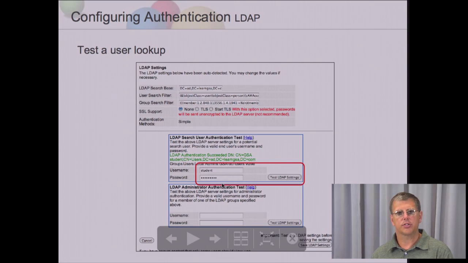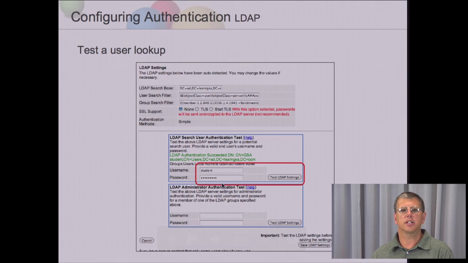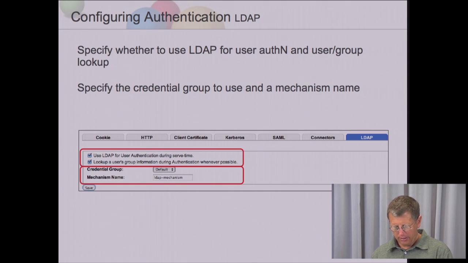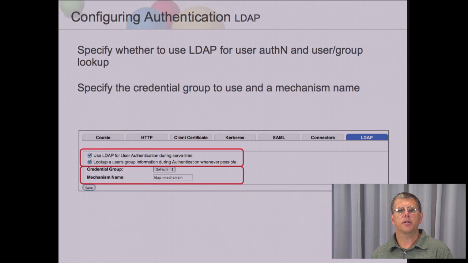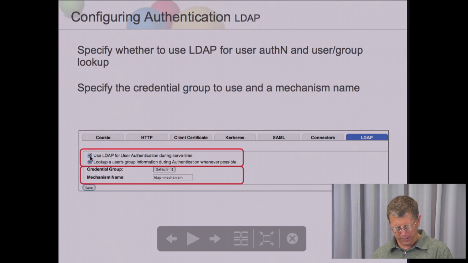We'll add a test user to test connectivity to the LDAP server and make sure that the host can be found, the port is listening, that the bind user credentials work, and that we're able to look up this user in the proper location in the LDAP server. Then under the security authentication mechanisms, we'll go to the LDAP tab and identify that we want to use LDAP for authentication and also possibly look up the group information inside of here.